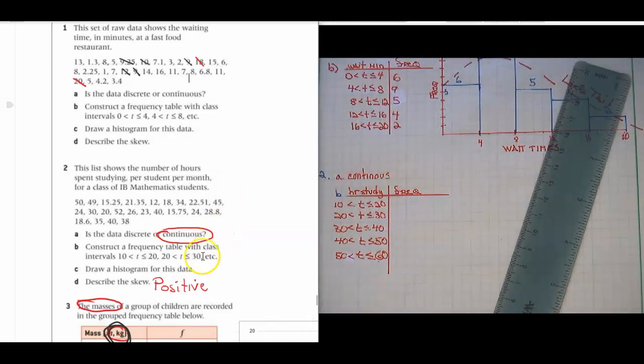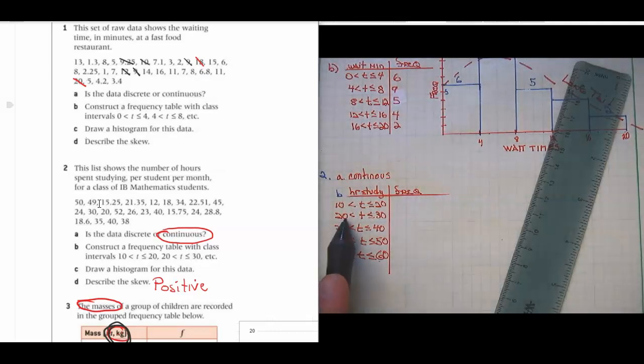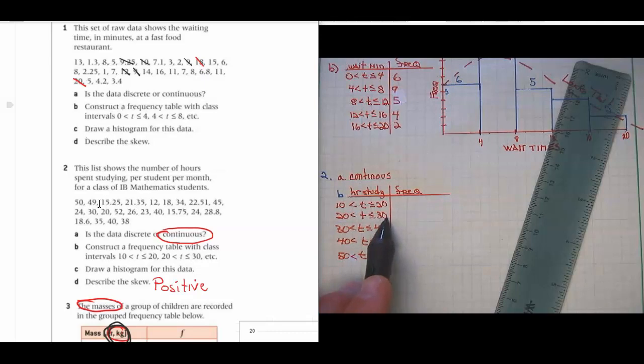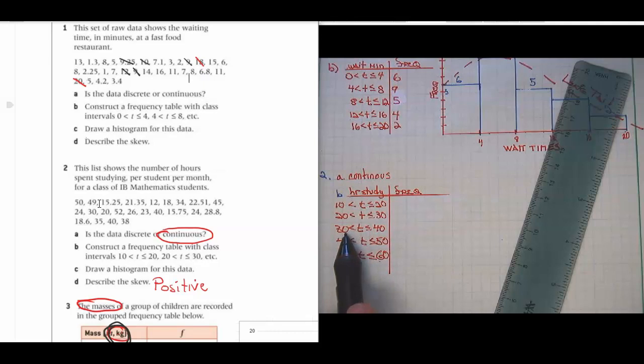So Hannah, if you would do 10 up to and including 20, and Victoria, you do bigger than 20 up to and including 30. So Victoria, you don't count the 20s, you do count the 30s. And then I'll do the 30 to 40s. I don't count the 30s, but I do count the 40s. All right, so anything bigger than 30. 1.